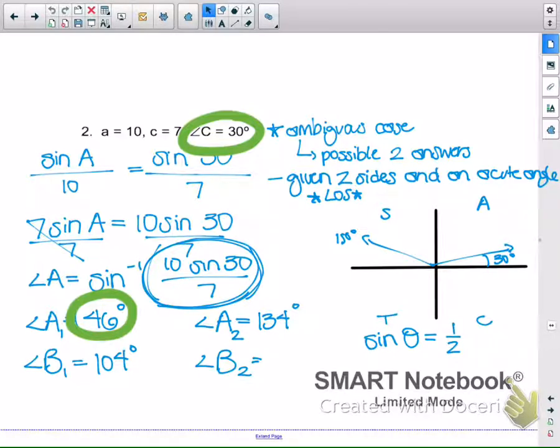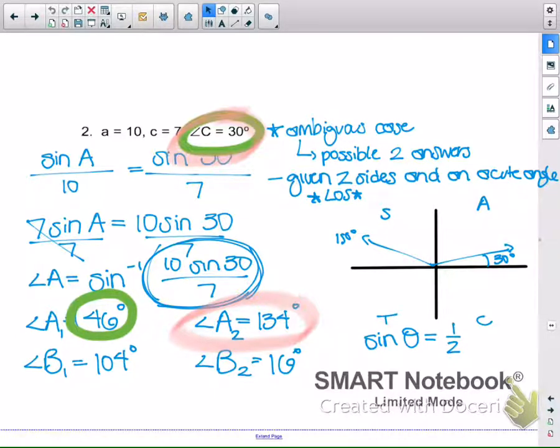Now I check the second case. If C was 30 and my A is 134, do I have room left for angle B? Yeah, that leaves me 16 degrees. Which means I have a full two sets of answers. There's two triangles that can be constructed from the information that we're given.